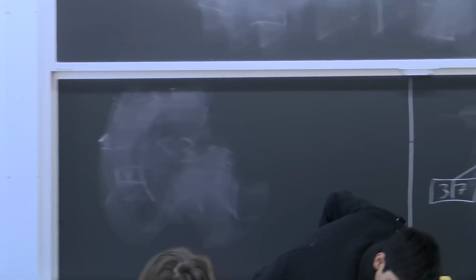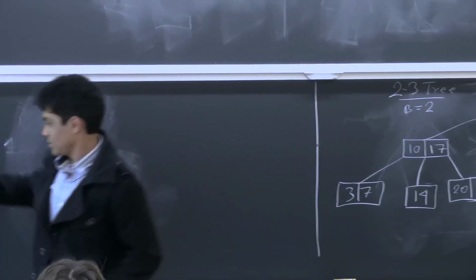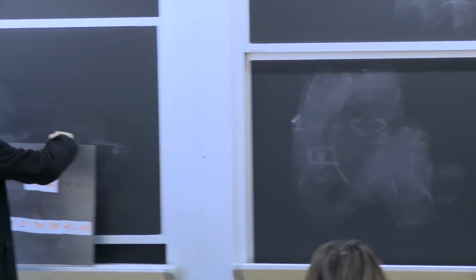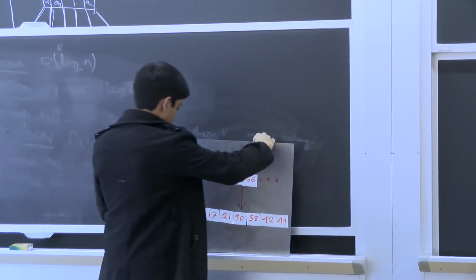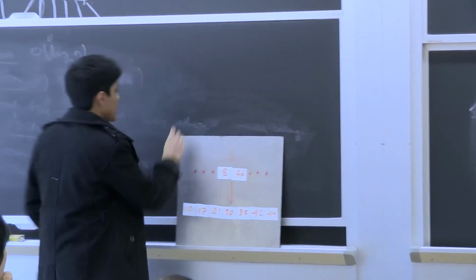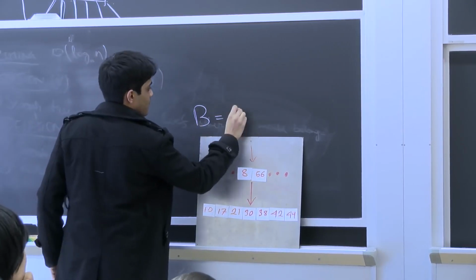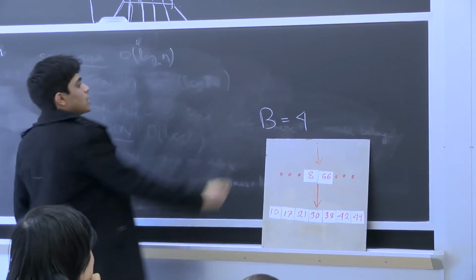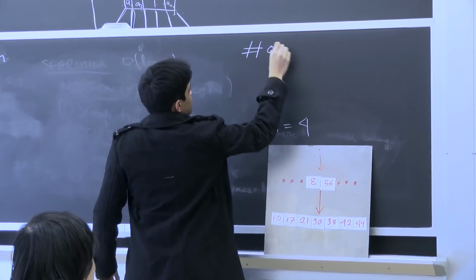I have this lovely prop here, which I hope to demonstrate. Here we have b equal to 4. Let's first figure out the number of keys.